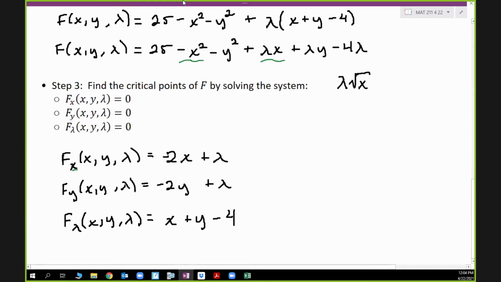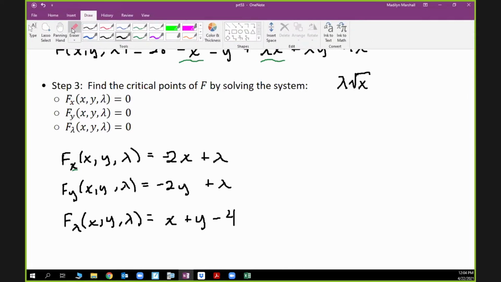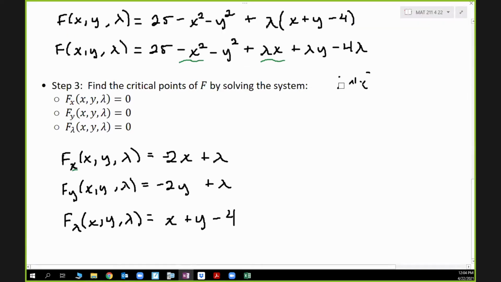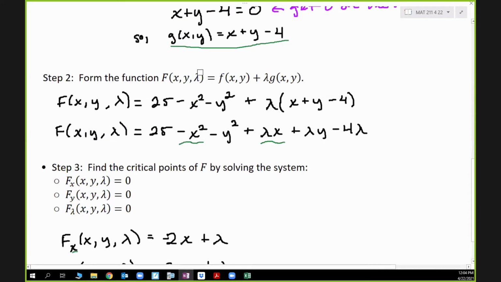Will there ever be a square root or a power or something on the lambda? No, not on the lambda. And that's because of how we form this function, the capital F. It's always our function we're starting with plus lambda times whatever g is. So lambda is not in either of those original 2 functions. The only place it comes in is to multiply with g. So lambda will never have any powers on it or anything. It'll just be itself. Okay, thank you.